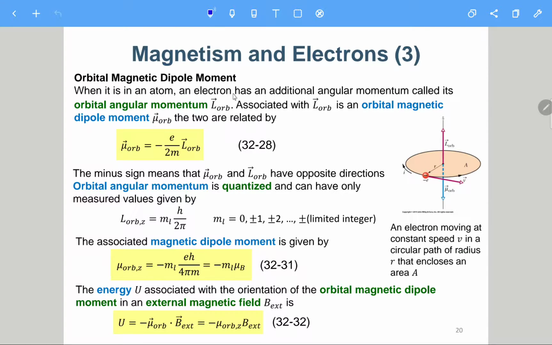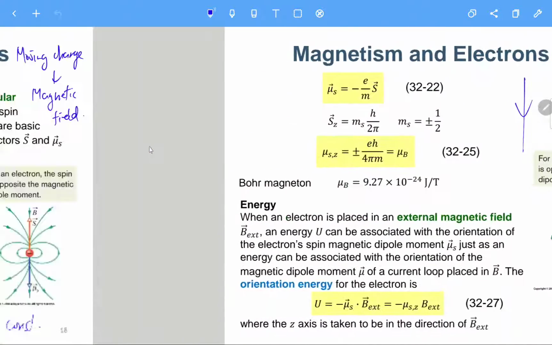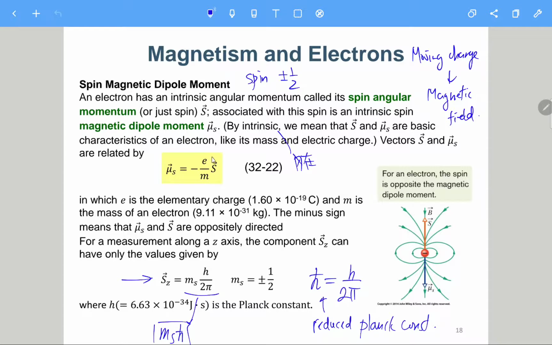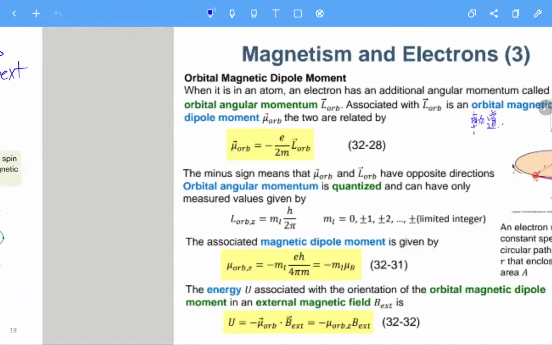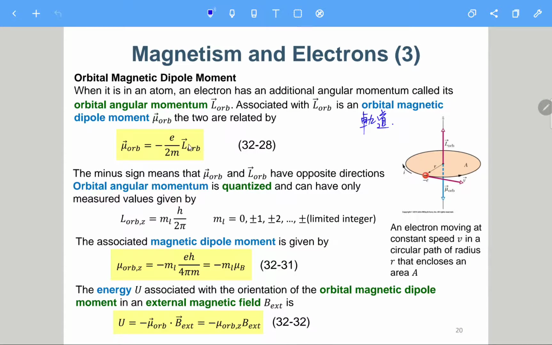So when it is an atom, an electron has an additional angular momentum called the orbital angular momentum, L orb. So it's the orbital magnetic dipole moment. Orbital in Chinese is 轨道. It is related by this equation, quite similar to before. The only difference is that before we had e over m times S, and here we have e over 2m times L orb.